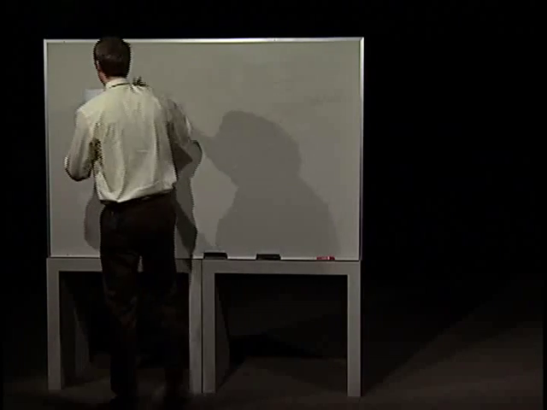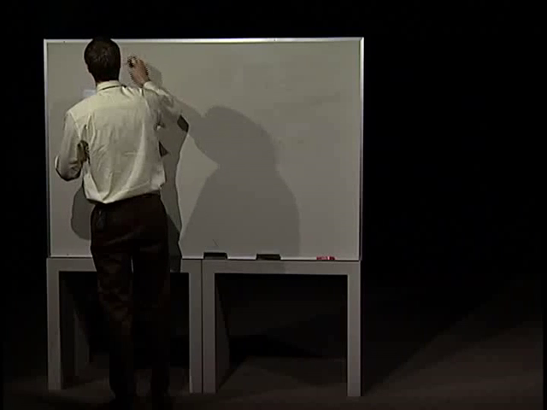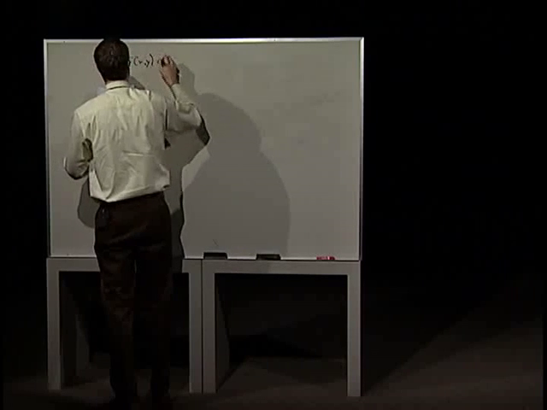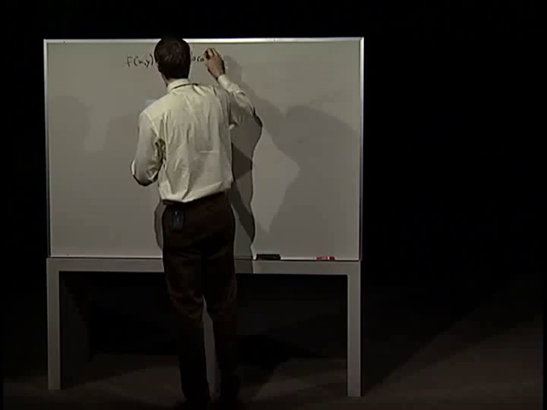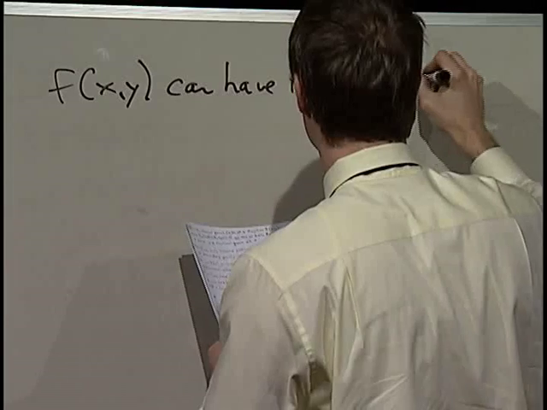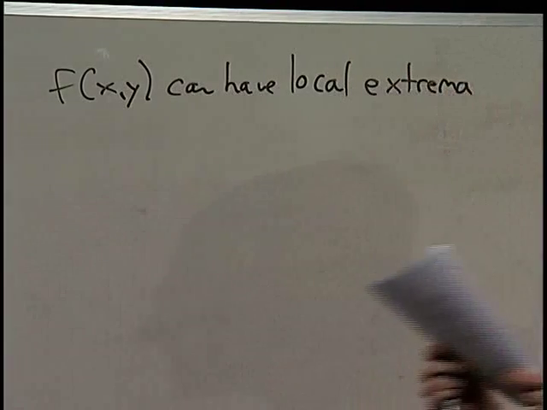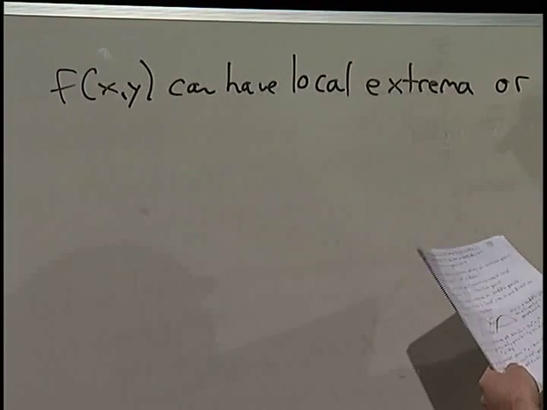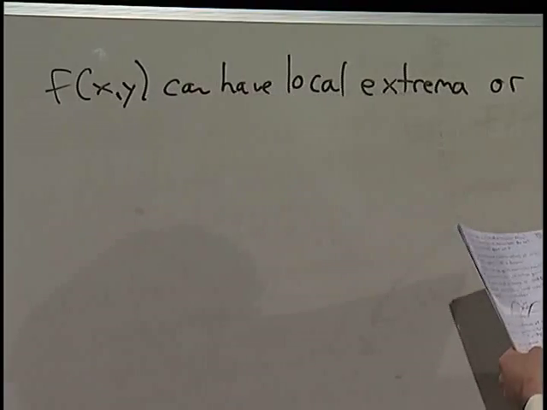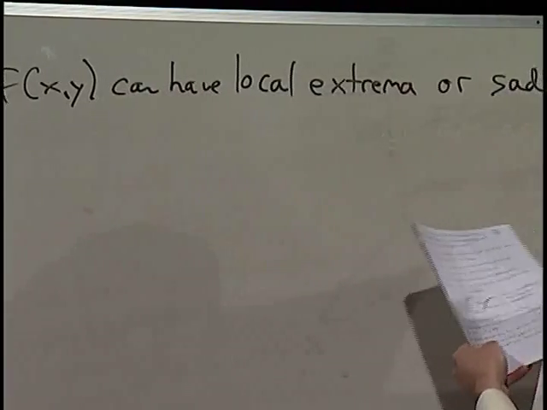So, let's see here. For a function of two variables, there aren't really inflection points because there's no change in concavity of a curve, but you can either have local extrema or you can have what's called a saddle point. Right?